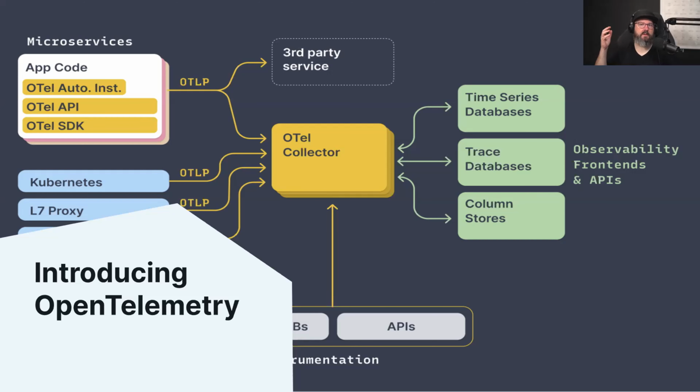And the goal of OpenTelemetry is to enable effective observability by making high quality, portable telemetry data. We'll get to what that means about portable in a minute, but the practical nature of this is OpenTelemetry is a collection of APIs, SDKs, and then tooling to help you create telemetry data and build observability pipelines.